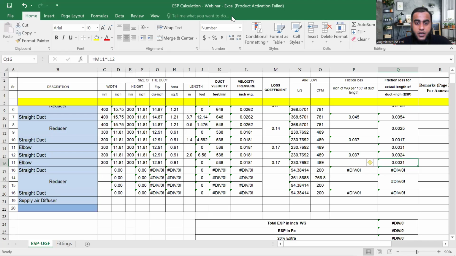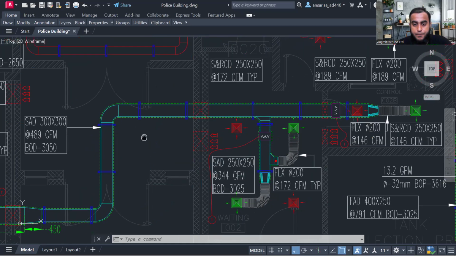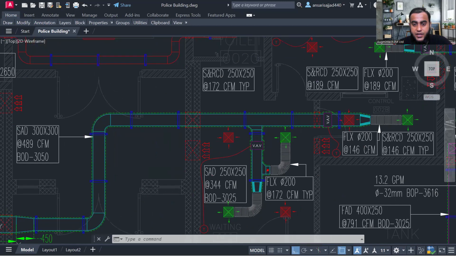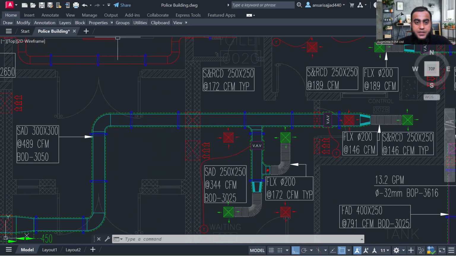Now come to the next one. After this elbow, again we have a straight duct. Okay, can you see this is a straight duct? Yes, please let me know.